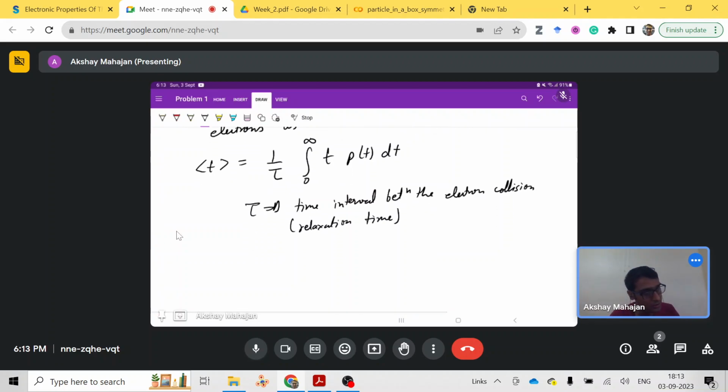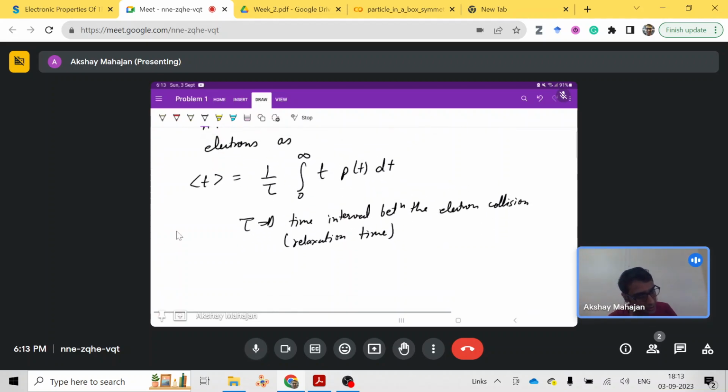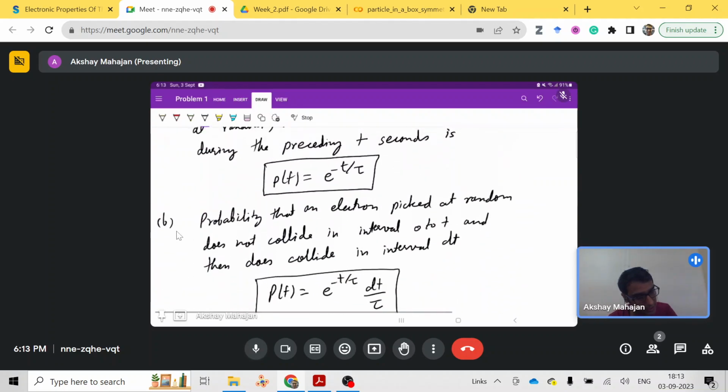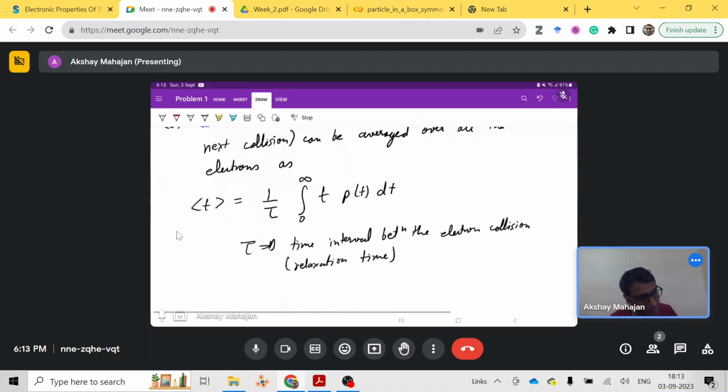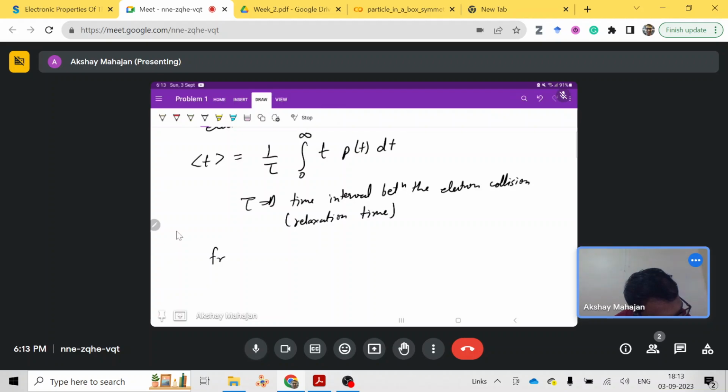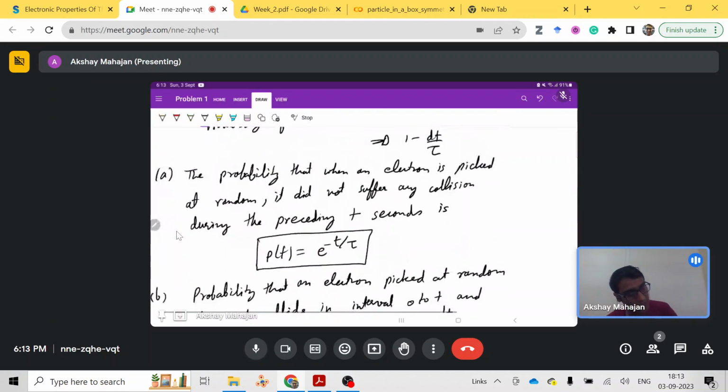And what is our p(t)? We are taking p(t) from part A. From part A we know that p(t) is the probability that an electron is picked at random and did not suffer a collision in the preceding t seconds.